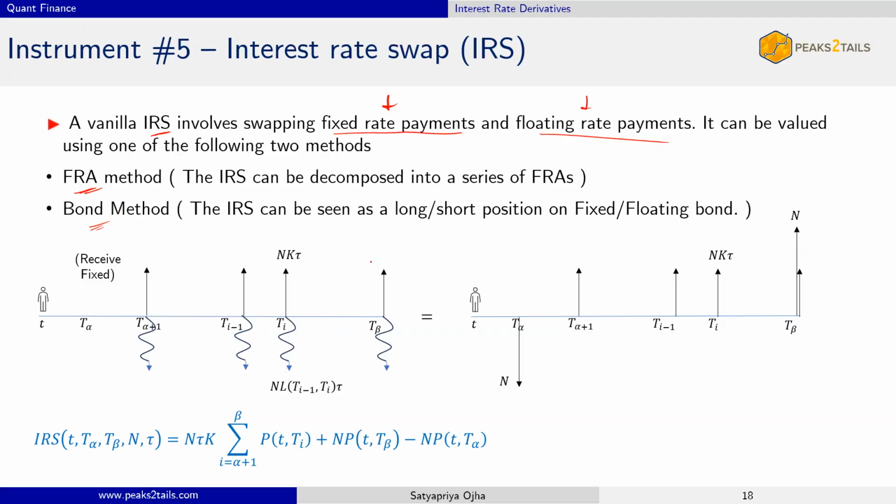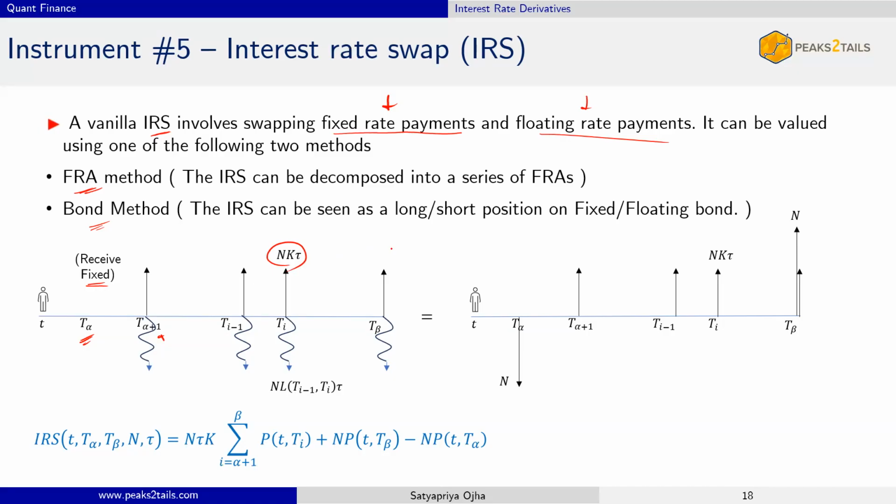So if you look at IRS, right, this is the receive fixed IRS. First reset date T alpha, next reset date T alpha plus 1, the same stuff goes on, right? So I am receiving fixed coupon payments. NK tau, K is the fixed rate. Okay, receive fixed. Please remember, there is no exchange of notional at the end. It is only the coupon payments.